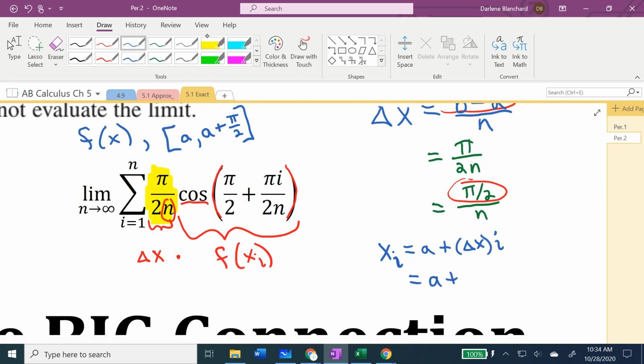And I'm going to write it in this format instead of a fraction in a fraction, because you're unlikely to see a fraction in a fraction in a more simplified answer. So I've got a pi over 2n multiplied by i, so the i is most likely going to show up in the numerator there.